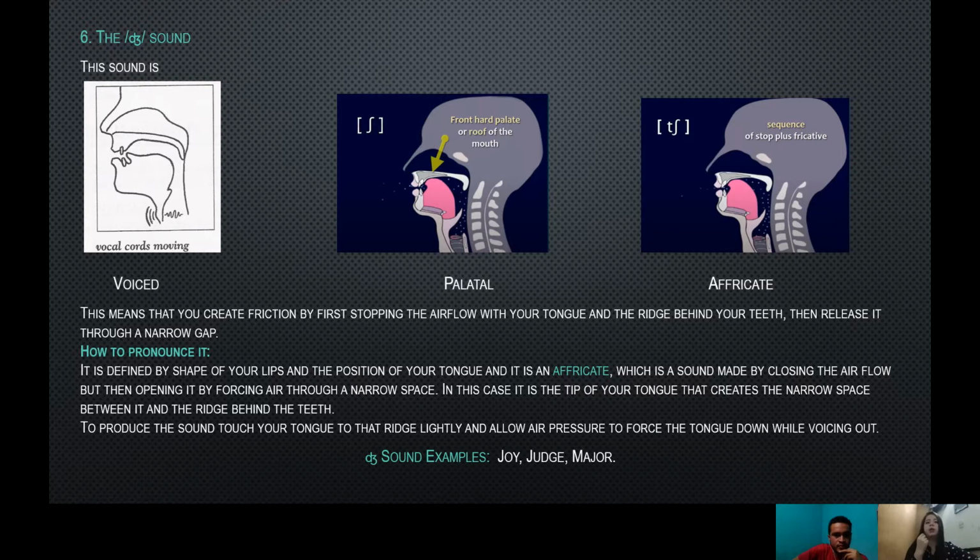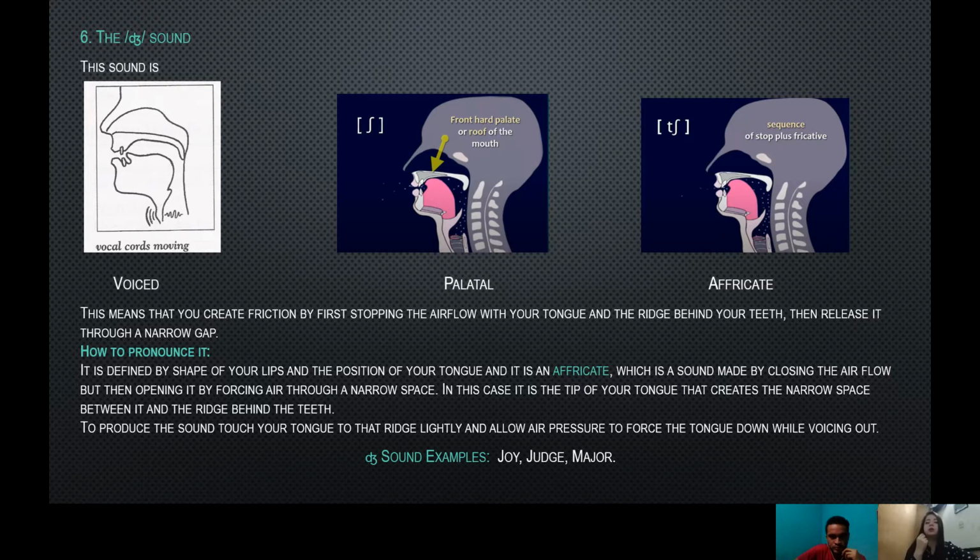It is defined by the shape of your lips and the position of your tongue, and it is an affricate, which is a sound made by closing the airflow but then opening it by forcing air through a narrow gap. In this case, it is the tip of your tongue that creates the narrow space between it and the ridge behind the teeth.